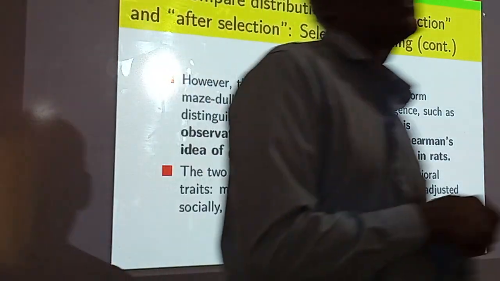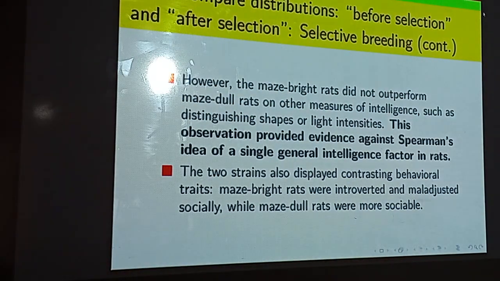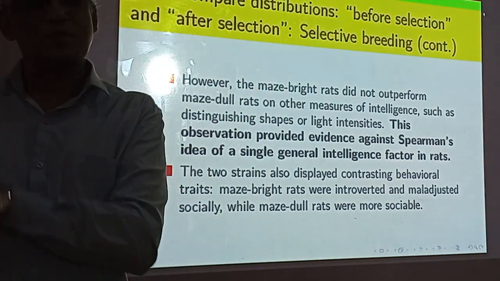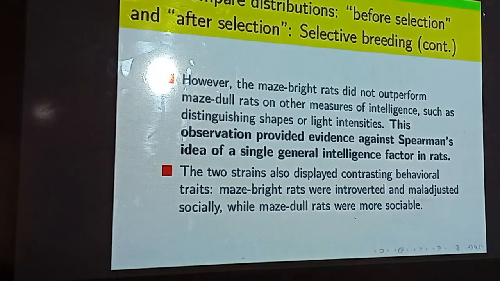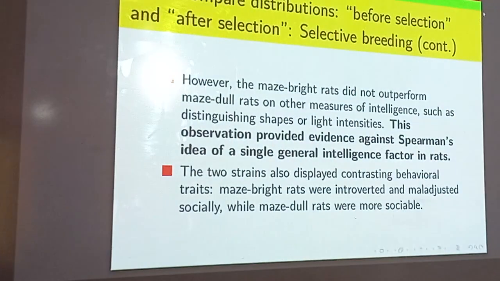But this is funny actually. They found out that these maze-bright rats had some other special property, and maze-dull rats had some special property. That means maze-bright rats were introverted and maladjusted to the society, and the other ones were completely different.